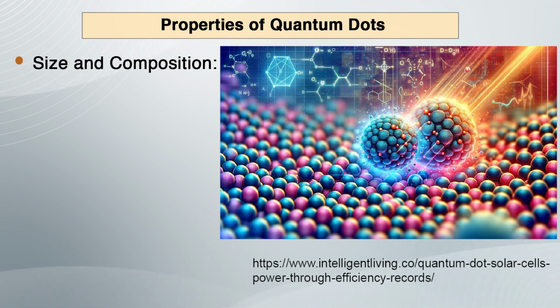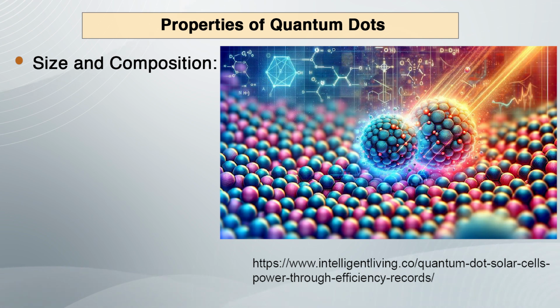behavior changes with the size. Smaller quantum dots emit light at shorter wavelengths, that is blue, while the larger dots emit light at longer wavelengths, that is red. The size dependent emission is a direct result of the quantum confinement effect, where the electronic properties of the dots are altered due to their small size.